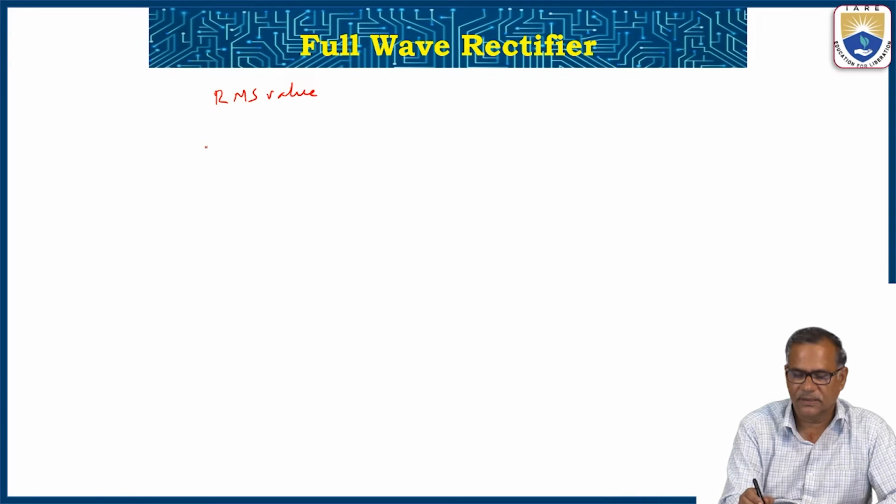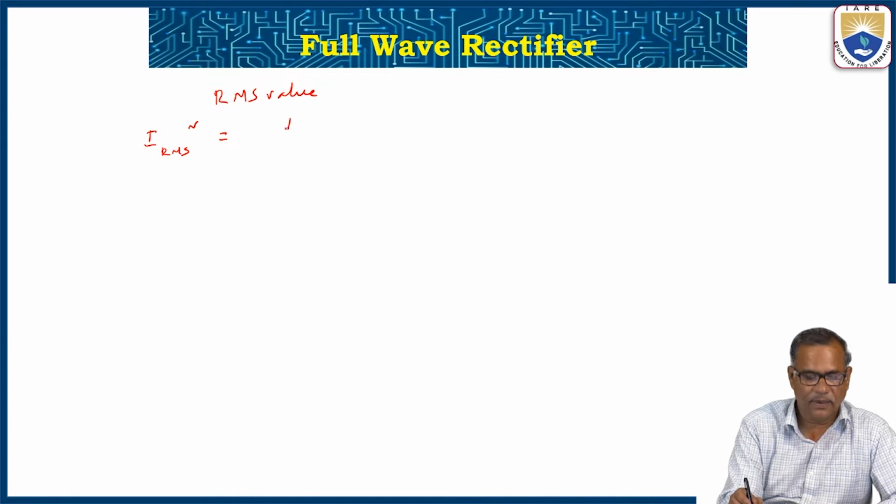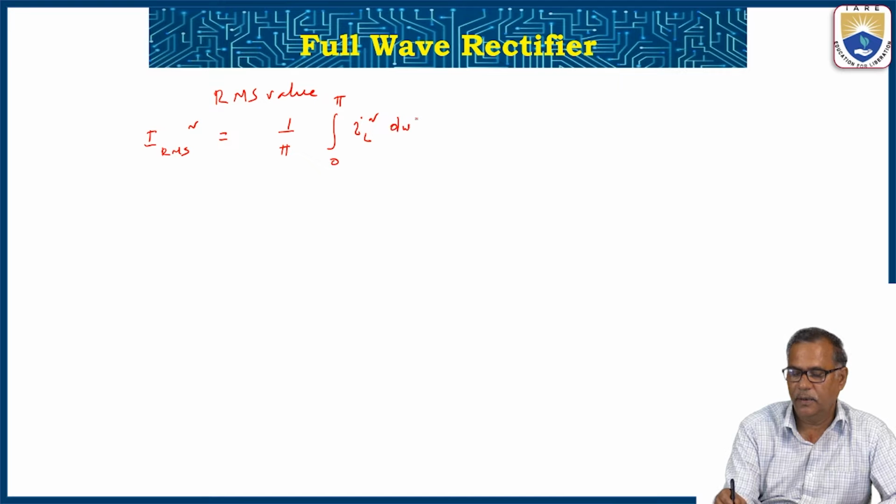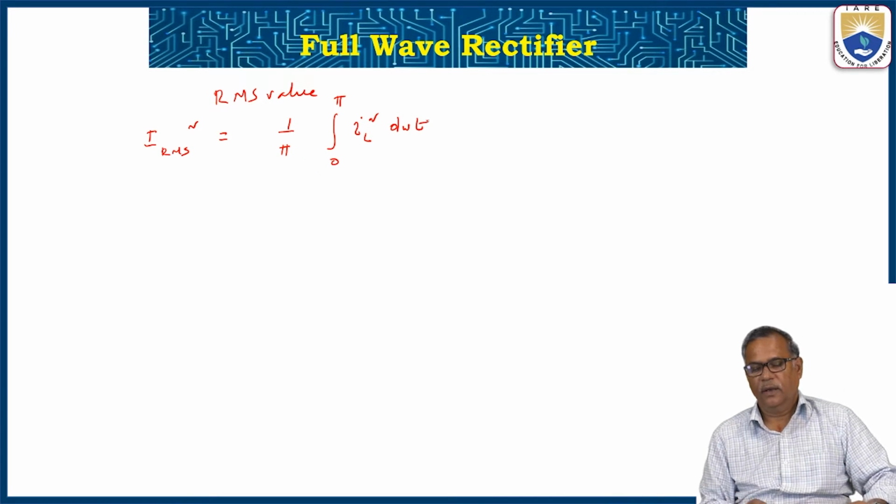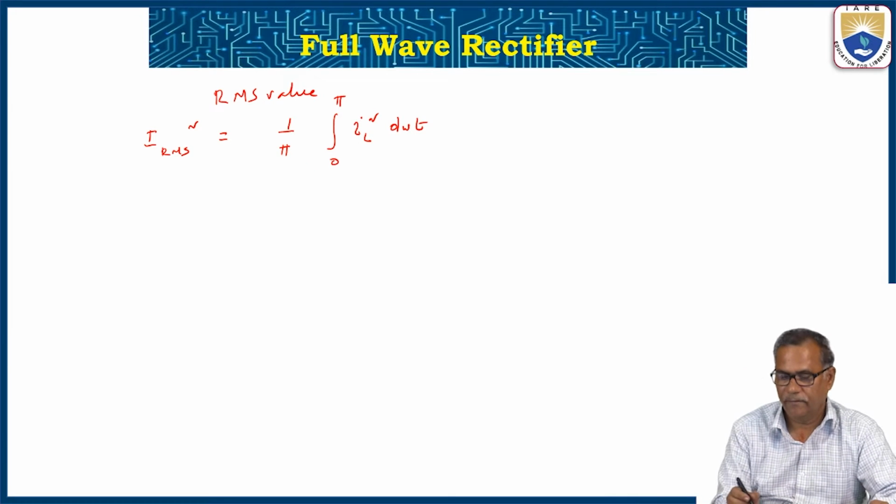So the value is like this: IRMS square is equal to 1 by pi, integral 0 to pi, IL square d omega t. And what is IL? IL is equal to Im sin omega t.